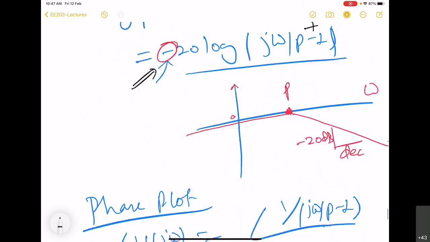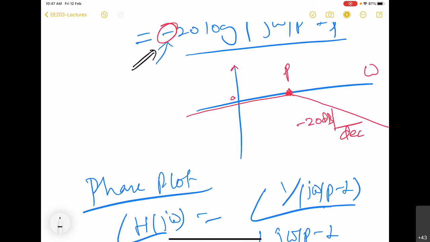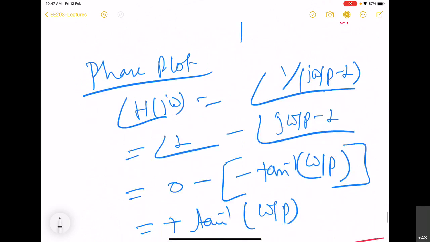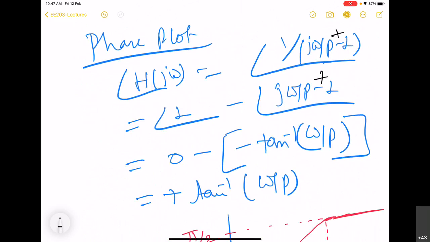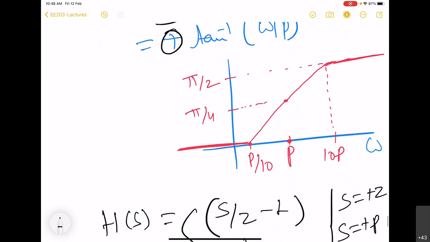So in this case, the plot will remain as it is, horizontal up to p and then minus 20 dB per decade. However, if you see the phase plot, there will be modification. So this is plus, and here this becomes plus. So this sign will now become negative. So this time the phase plot will get modified.